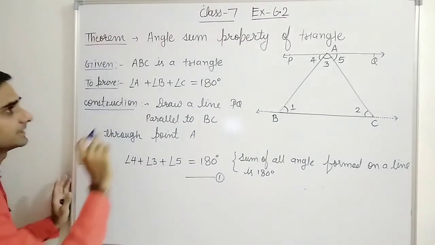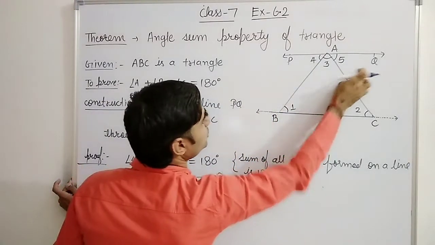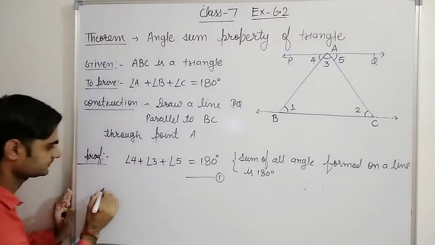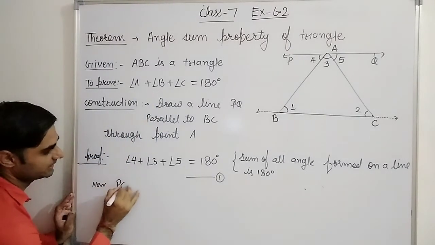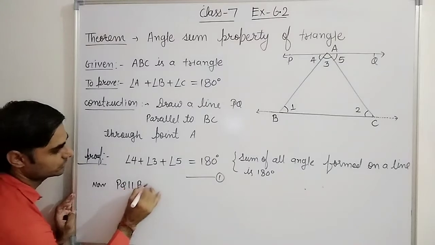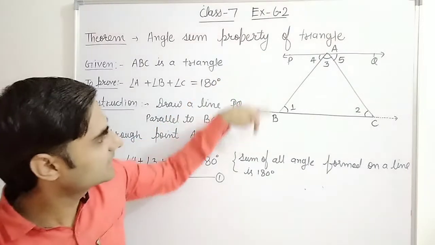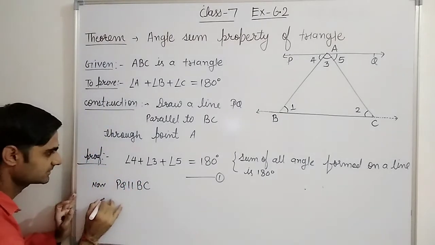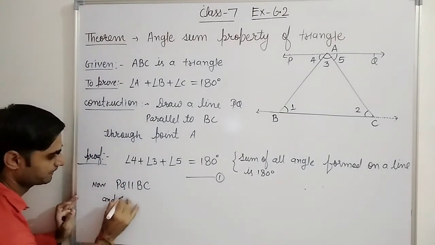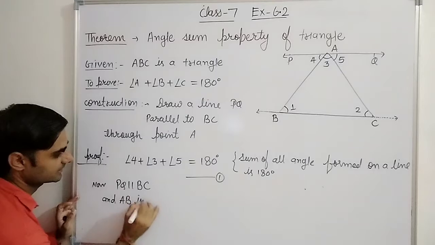Now the second thing. See here, this PQ is parallel to BC. Now see here, PQ is parallel to BC, these two are parallel. And AB is a transversal, right?